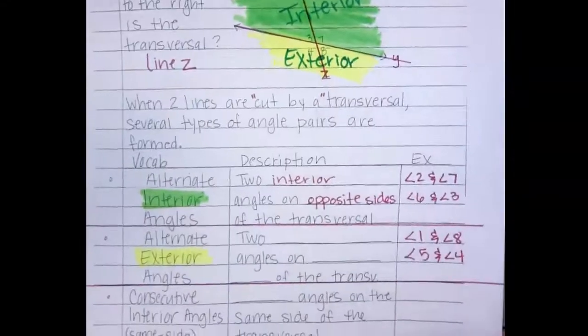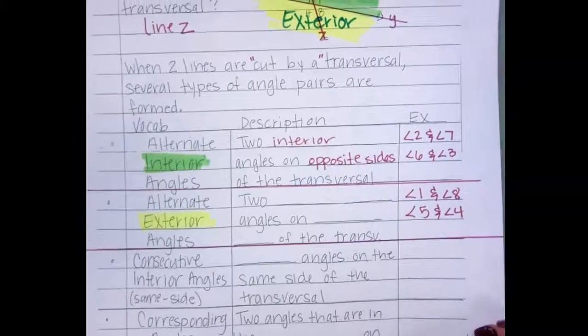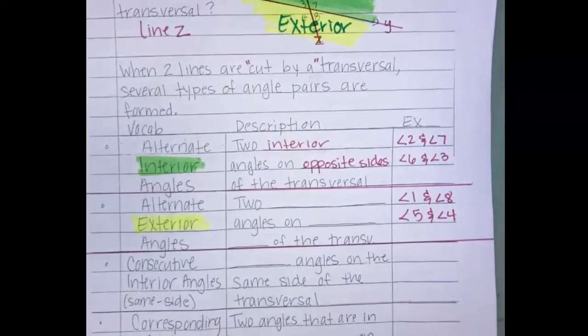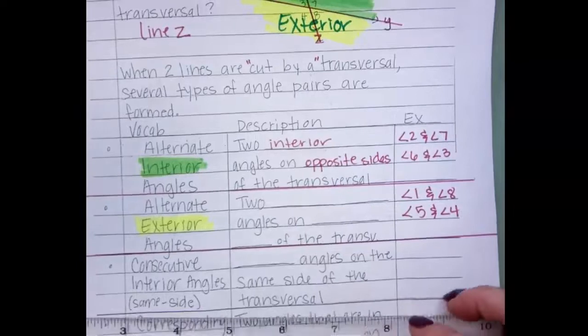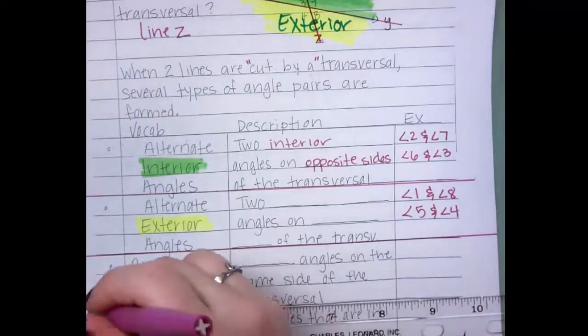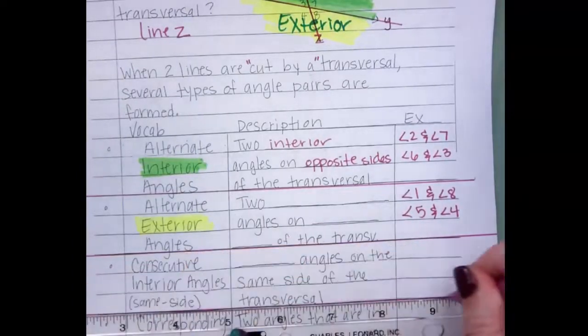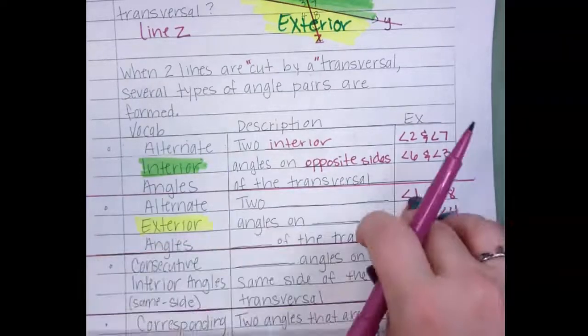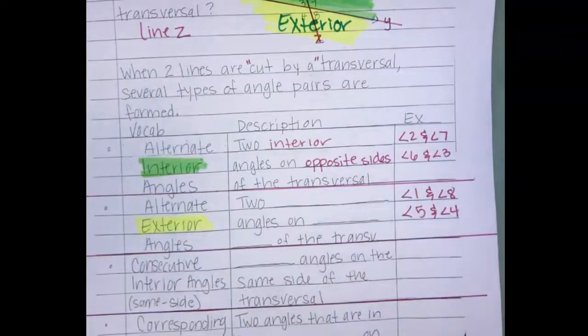Okie dokes. So the next one we have is consecutive, which we also call same side interior. And we also have same side exterior, but they are not called consecutive, so we don't have it right here. So same side interior, which can be called consecutive.